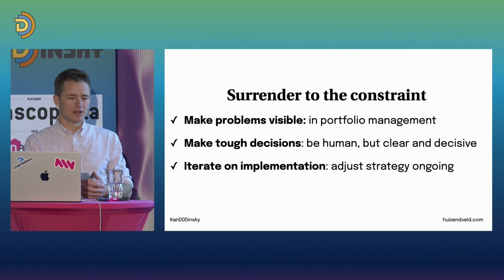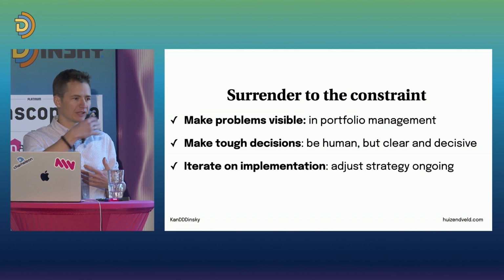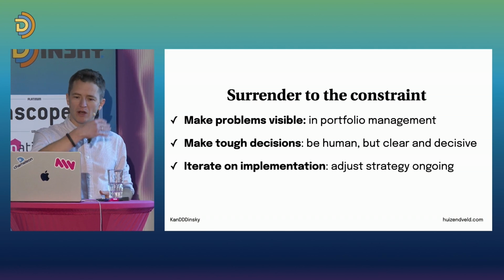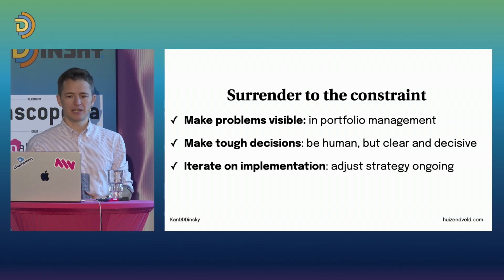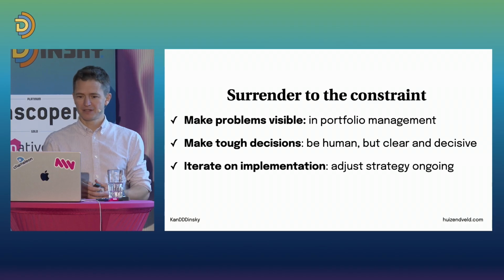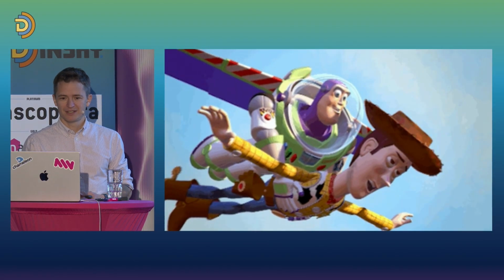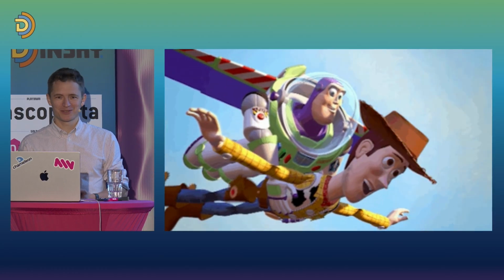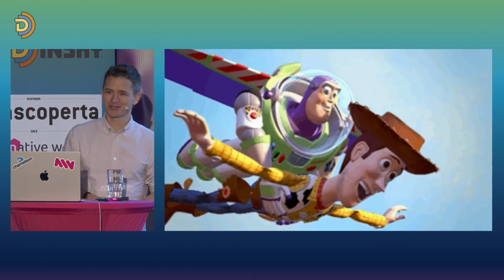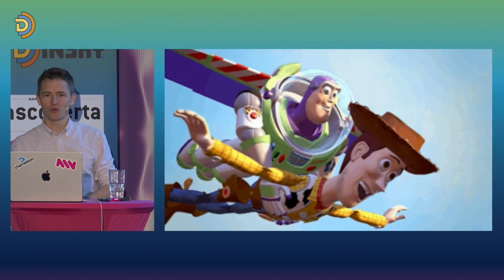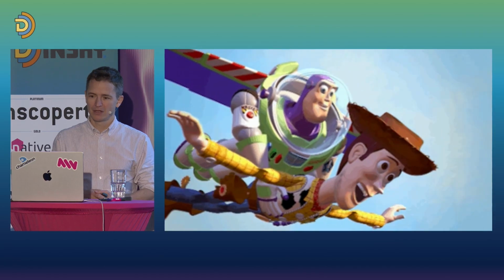That we listen to the feedback that we're getting from what we're learning while we're implementing this, and adjust our strategy ongoingly, because strategy is iterative. All right? So, I hope that some of this will help you to be courageous, to make tough decisions, to make the jump, and I hope you will enjoy the view a bit.